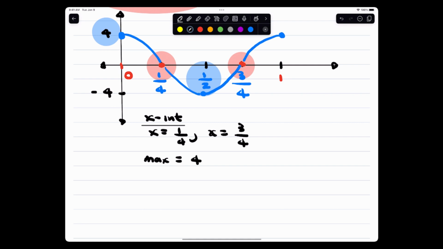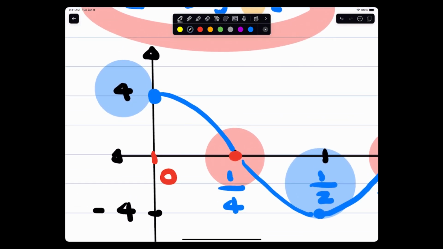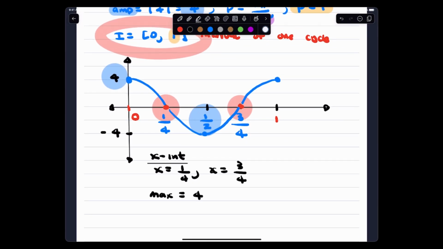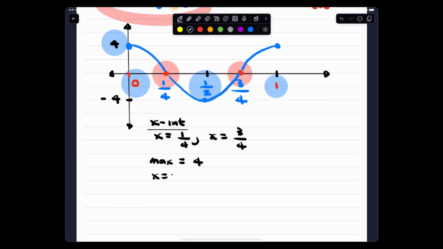The maximum value of the function is 4. For what values of x does it equal 4? At 0 and 1. So that happens when x is 0 and x is 1. Do you guys agree with that? What about the minimum value? The minimum value is -4. Where does that happen? Yeah, it happens when x is 1/2.